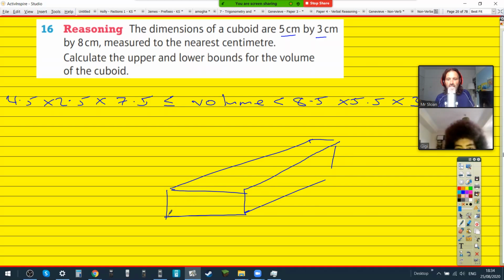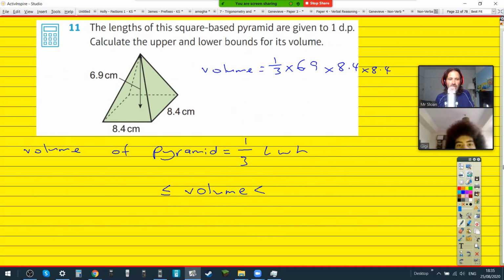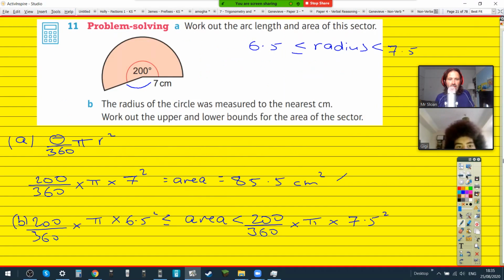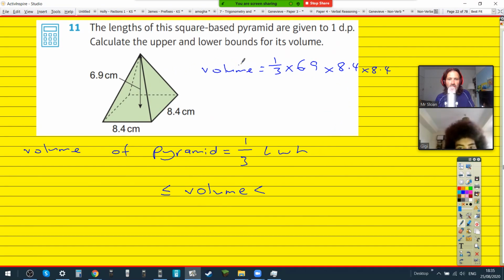If you had a pyramid inside that thing, the volume of the cuboid is 5 times 3 times 8. The volume of the pyramid inside it would be 5 times 3 times 8 times a third. So your answer times a third. This one is the same idea. It's 6.9 times 8.4 times 8.4, and then just times a third. It could be like a pyramid inside a cuboid.